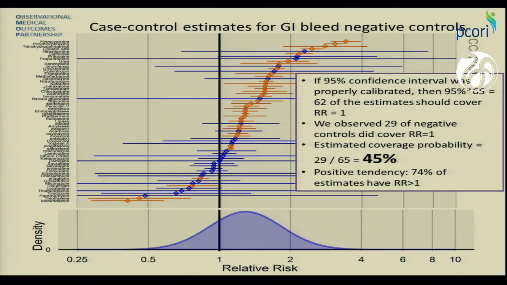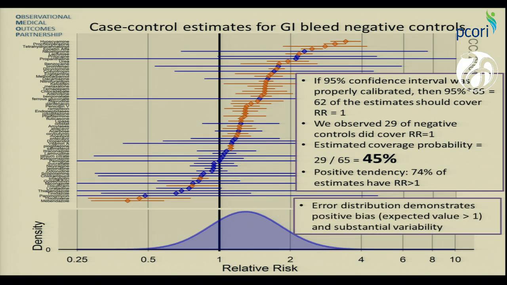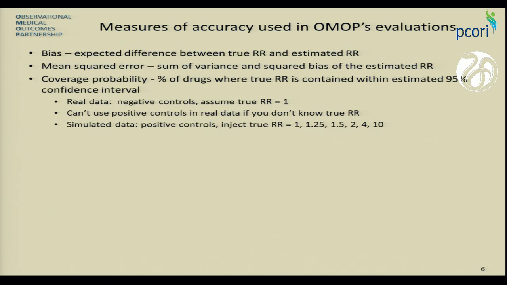So when we ask the question, how do we know when an estimate is reliable? One thing that we've been thinking about is how we could use this empirical null distribution derived from the data as the means of measuring how well this will work. There are a variety of different measures that we could use to measure accuracy of a method. We've talked about bias.